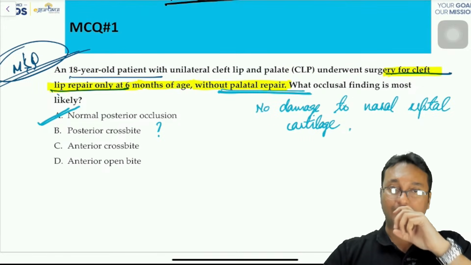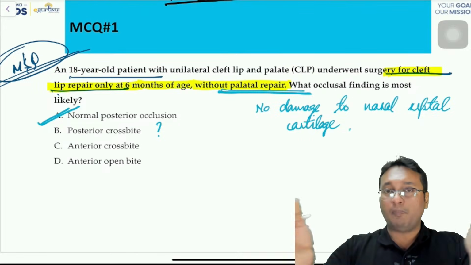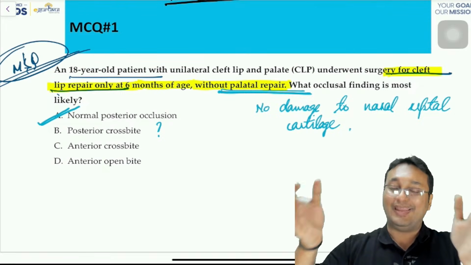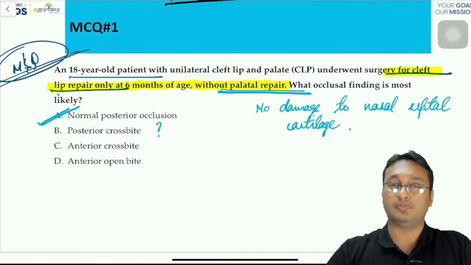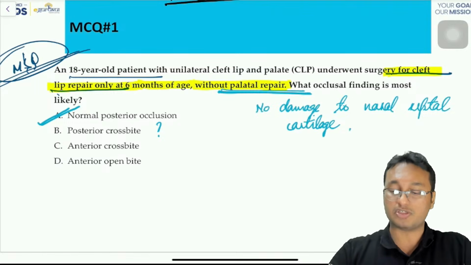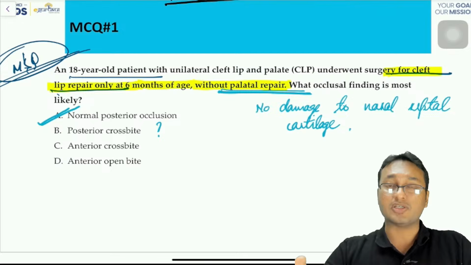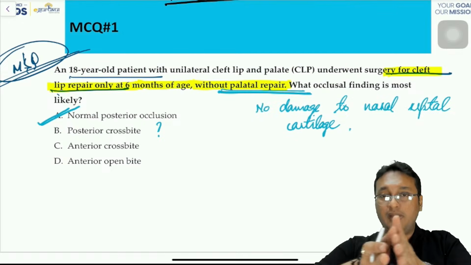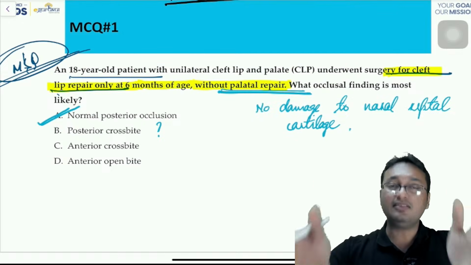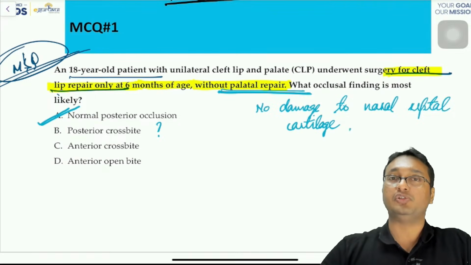In that case, the maxilla would not have been able to grow properly in the transverse dimension, and you will observe posterior crossbite. But here in this question, there has been apparently no damage to the nasal septal cartilage, allowing the maxilla to grow properly in the transverse dimension. Hence, we will observe a normal posterior occlusion.